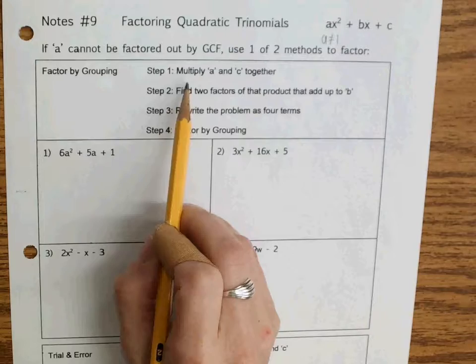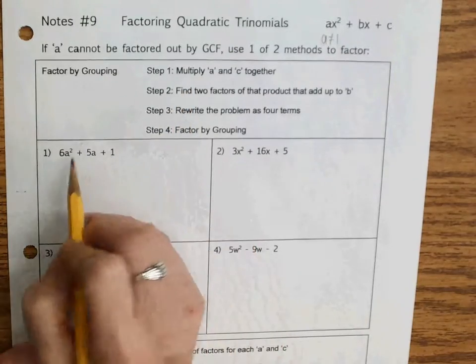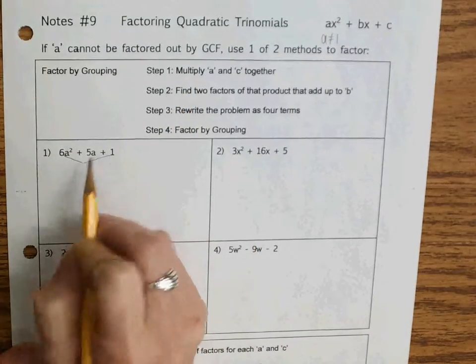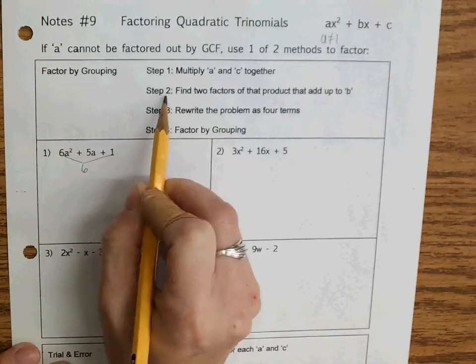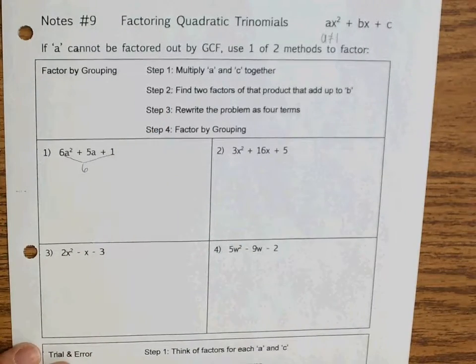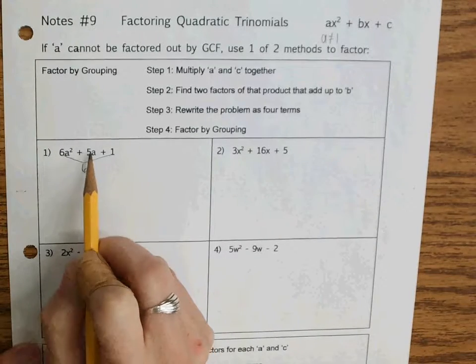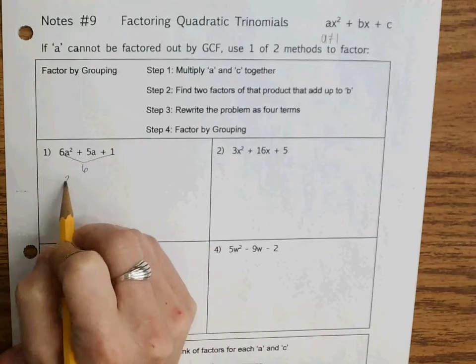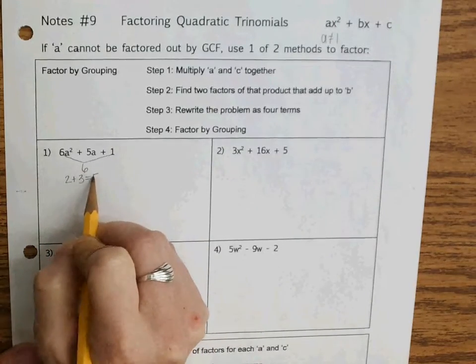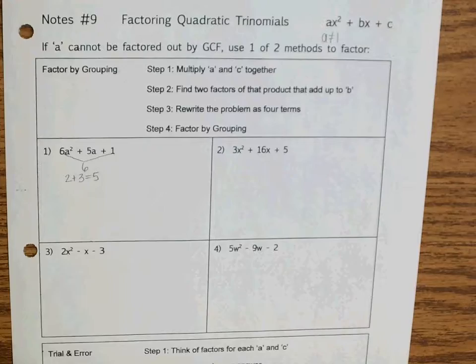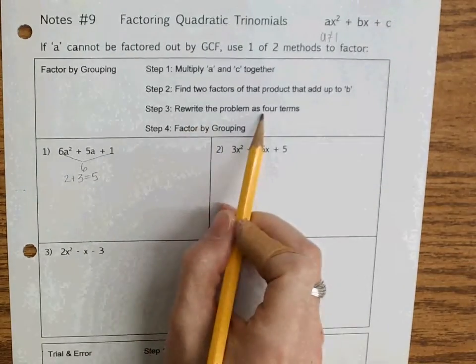Step 1 says to multiply A and C together. When we do that, we're going to take 6 times 1 and get 6. Step 2 says find two factors of that product that add up to B. So the two factors of 6 that add to 5 are 2 plus 3. That adds to 5. Then number 3, rewrite the problem as 4 terms.